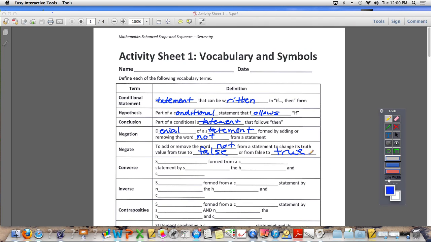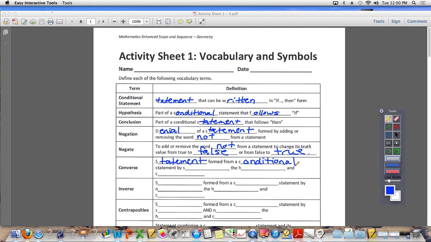The converse, we've already talked about the converse, that's not a new word. The converse is a statement formed from a conditional statement by, what do you think that says? Substituting would work. Someone in my last hour said swapping.